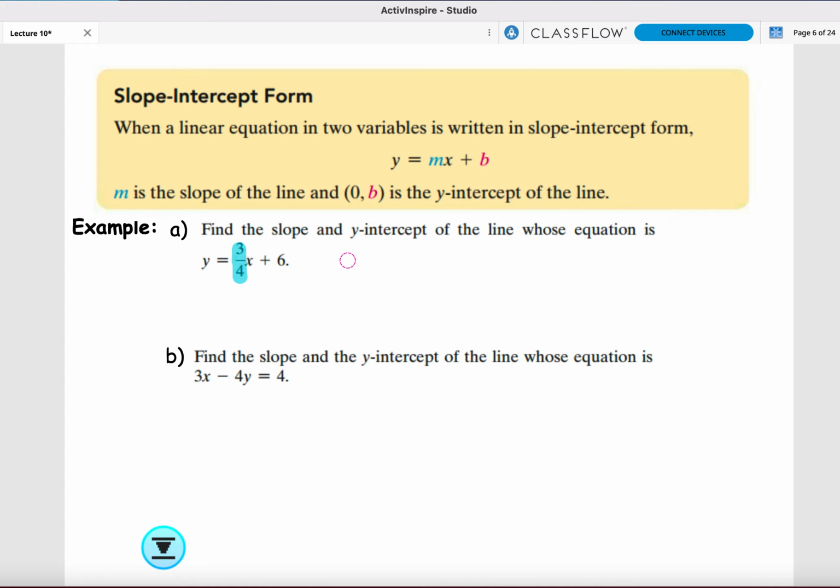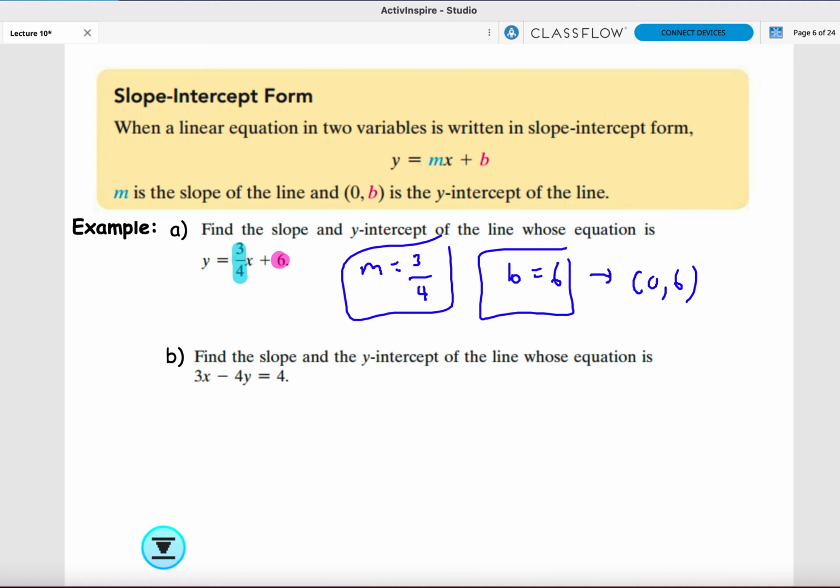And b is by itself, it's the one after the equation. So if it's plus 6, b is positive 6. If it's minus 6, b is negative 6, right? So we know m is equal to 3/4, because it's next to x, and b is equal to 6. As an ordered pair, it'll be 0, 6. But we're done. Don't really overthink it, y'all.